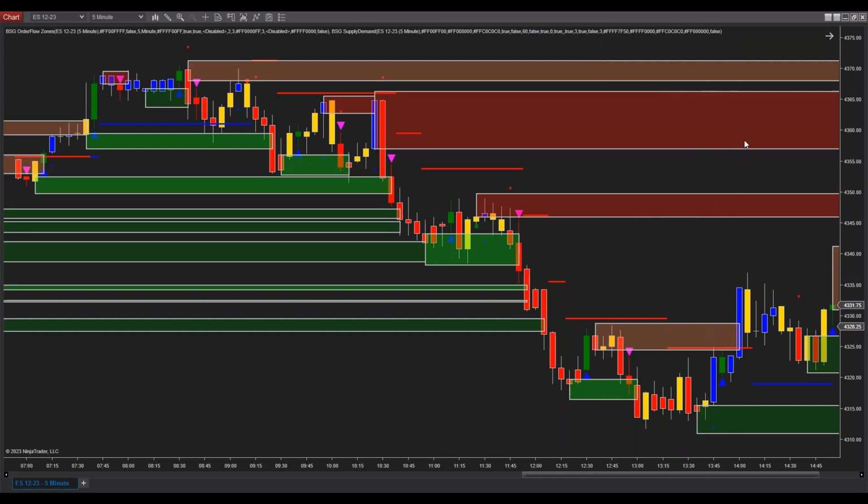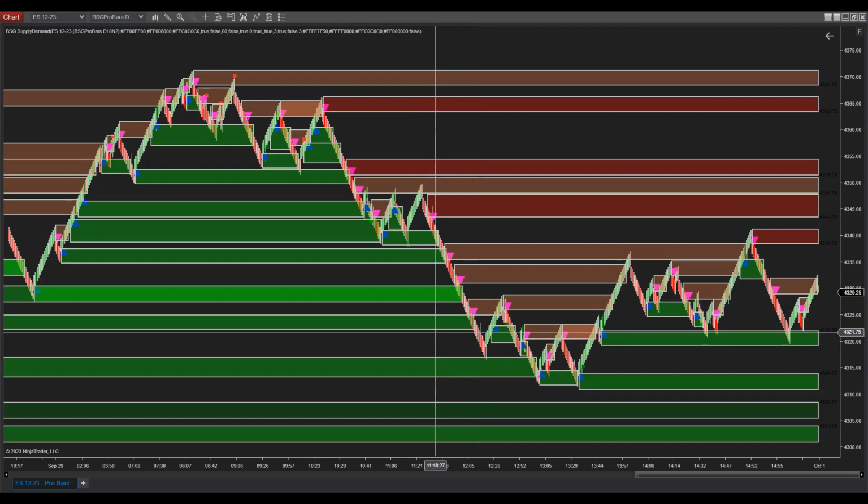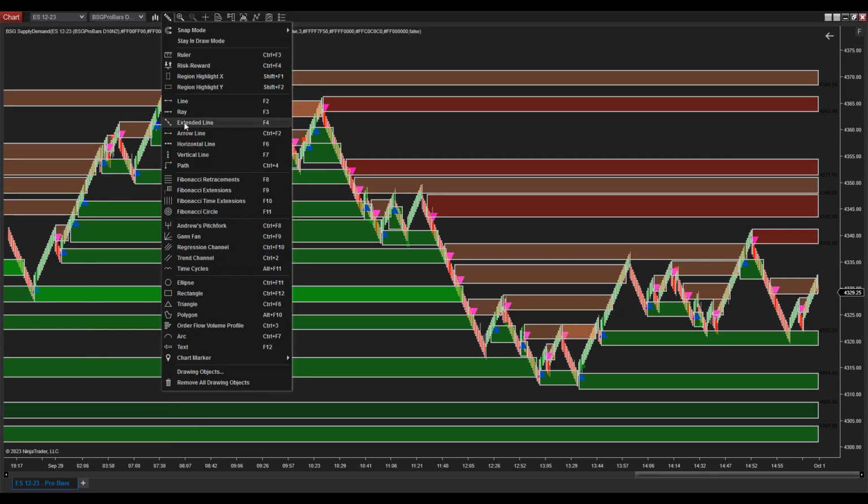Let me show you the second chart, which is the pro bars chart. I know it's noisy, please bear with me. Now look at this: the market opens at 8:30 right here. Let me draw a rectangle.